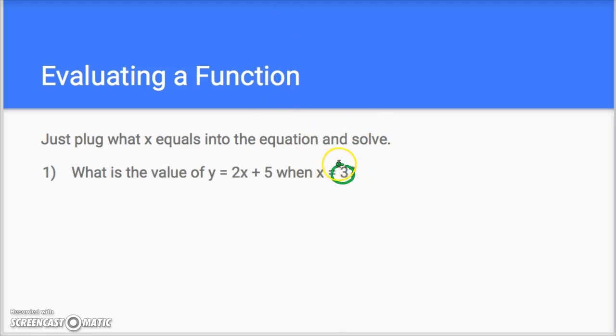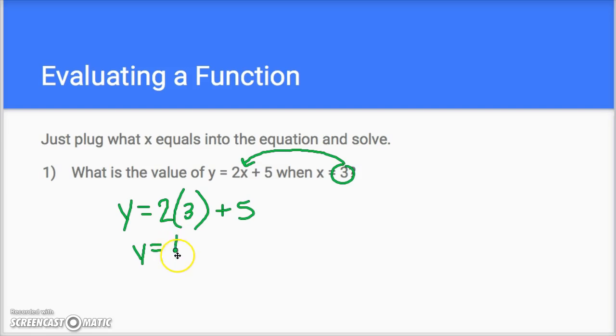So all I have to do is take this 3 and substitute it in for the x, because that is what x equals. So we have 2 times x. Well, x was 3 plus 5. Well, 2 times 3 is 6, and 6 plus 5 is 11. So your answer for the value of y would be 11 when x is 3.